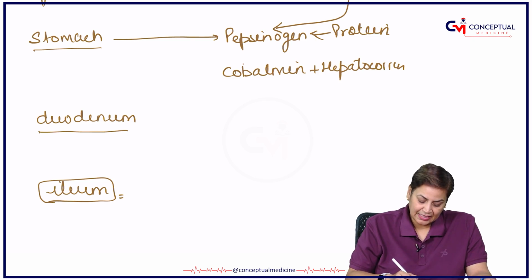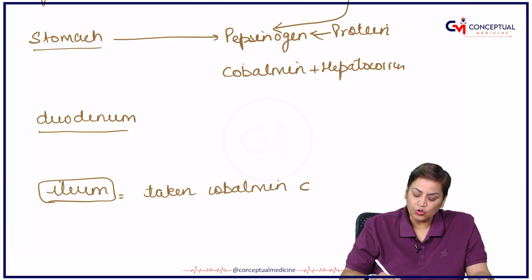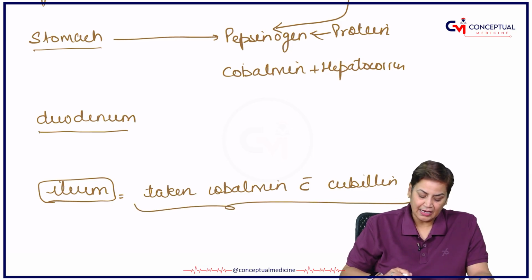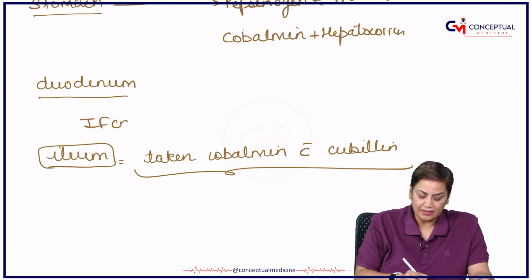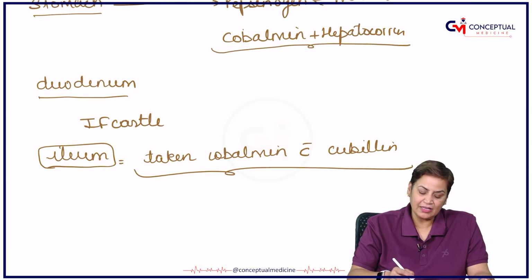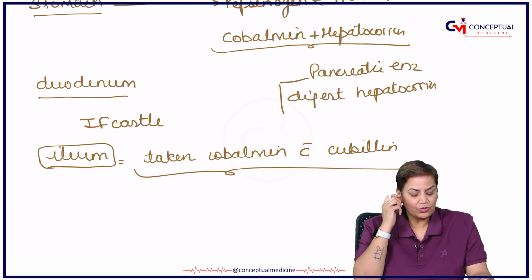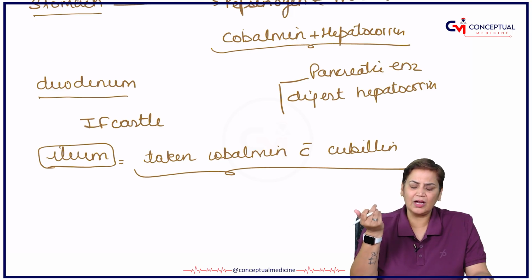so the ileum is going to take cobalamin along with intrinsic factor of Castle. So this cobalamin, when it is combined with haptocorrin, pancreatic enzymes will digest this haptocorrin. It means cobalamin will always require some support.